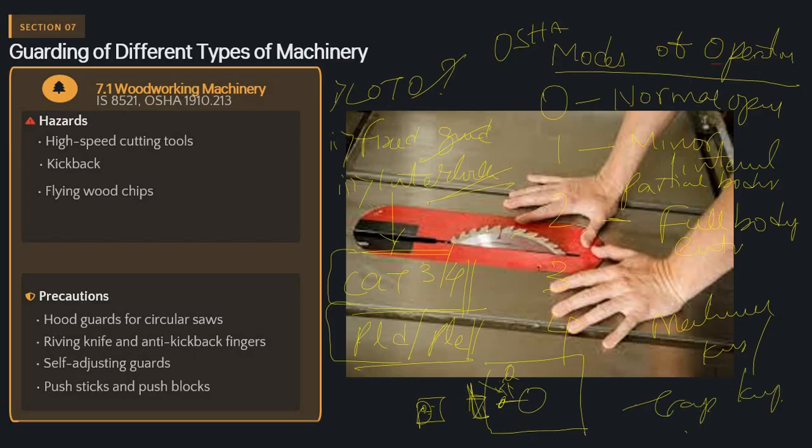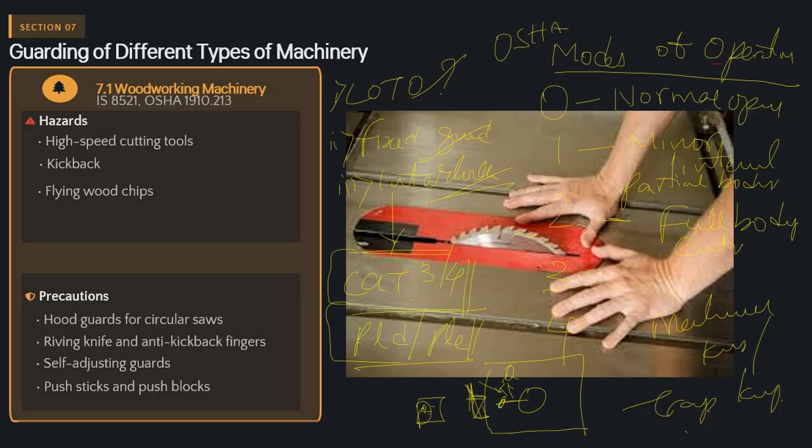He will take the key with him. The key acts as a locking mechanism, so no one can close this door. That is for full body entry.